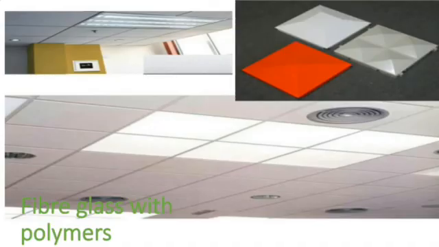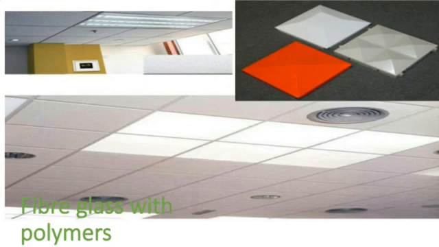Now when fiberglass is mixed with polymer, like I said before, depending on the uses, other materials are mixed to it. Once a rubber, that's a polymer, is mixed to it, it is used to make panels and ceilings. These ceilings are different from the main polymer ceilings.